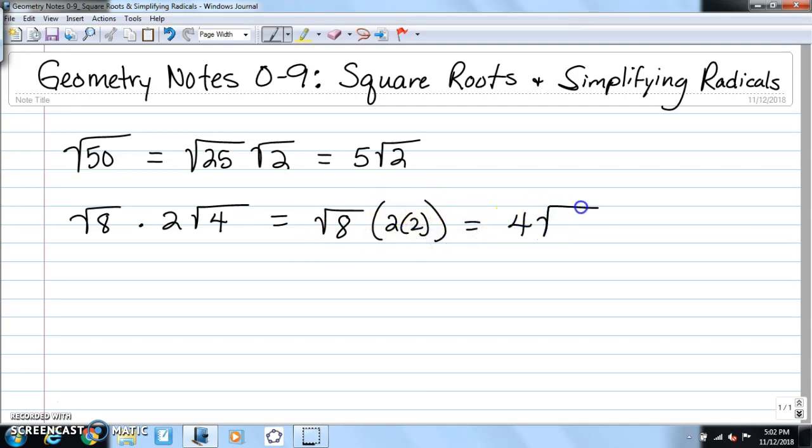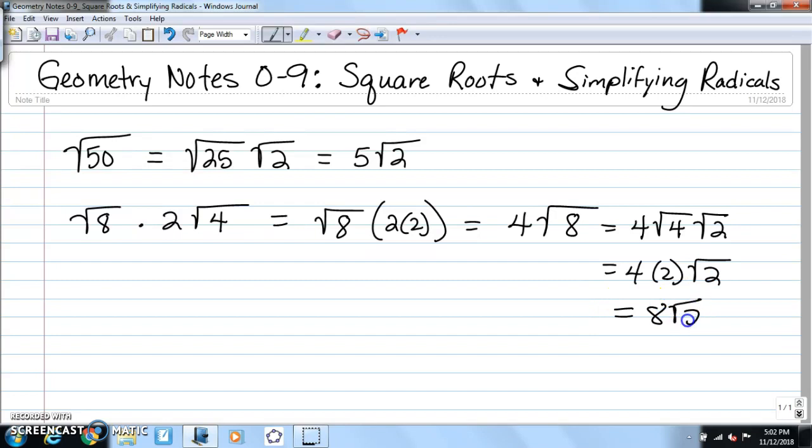I'm going to put the 4 out in front of the square root. Okay, but now the square root of 8, there's a perfect square in 8. 8 is 4 times 2. So this actually simplifies to, I still have my 4 out here, 4 times the square root of 4 times the square root of 2. But again, the square root of 4 is 2, so that's 4 times 2 times the square root of 2, or 8 square root of 2.